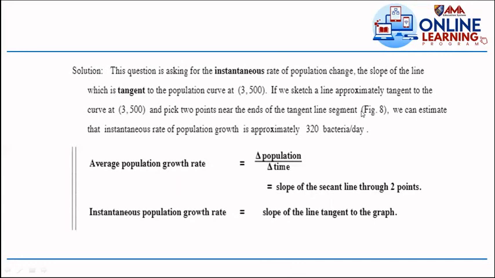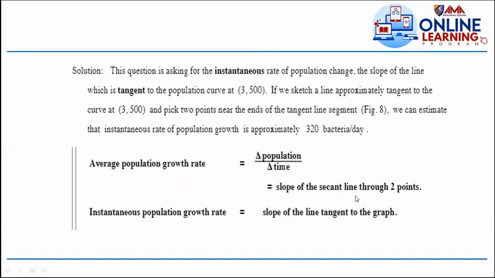So by this time, yung average population growth doon, pag kinuha mo yung slope niya, ang tawag doon ay slope ng secant line. Yung instantaneous population growth rate, pag kinuha natin yon, ang tawag doon, that's now the slope of the line tangent to the graph.